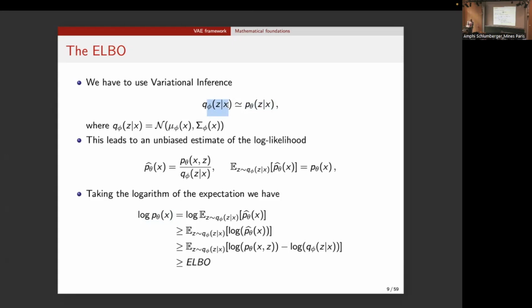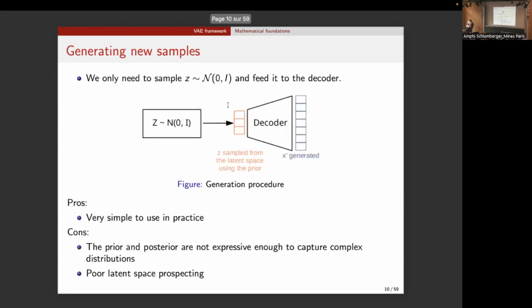You still have a lower bound, but in EM you optimize the lower bound at each step. Here, you take a family of lower bounds and try to get the best one in that family. So we are going to optimize the ELBO. If you think about the model, we actually have a hierarchical generative model, so we can regenerate data. We have a prior on the latent space, on the embeddings. We can sample from that prior, decode, and generate new observations.